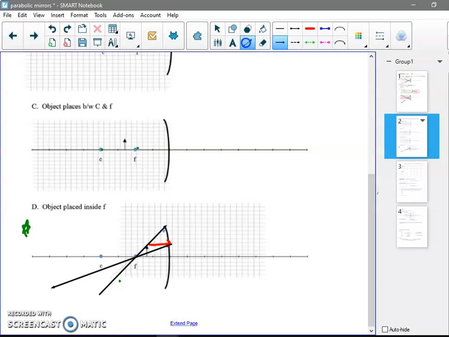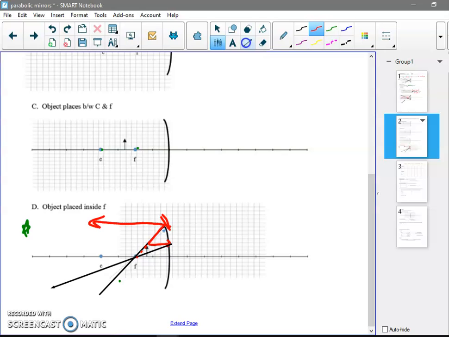So it is passing through the focal point even though it's not coming from the actual light source, but we can imagine that light that follows this trajectory would have passed through the focal point if we go backwards. The point of that is if it goes through the focal point, or seems to come from the focal point, then it's got to go out parallel. I know I haven't done a great job with the parallel there, but you can do a better job than I.